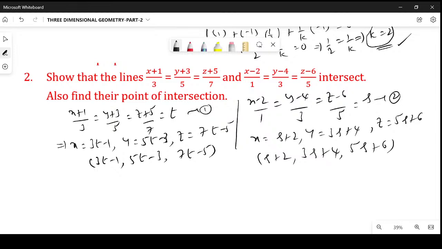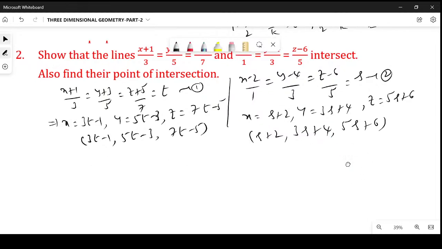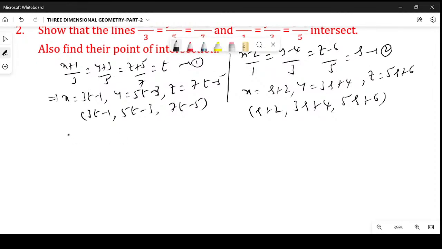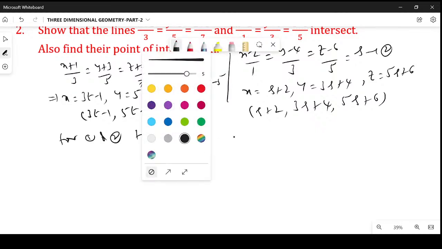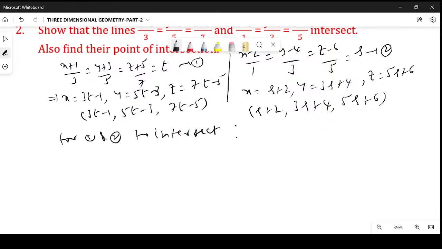For lines 1 and 2 to intersect, we must have the points be the same.